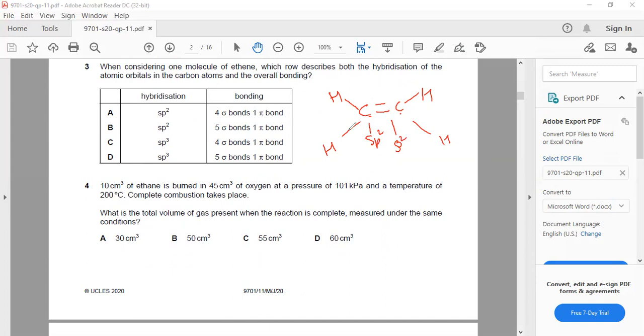If you add the sigma bonds 1, 2, 3, and there is no lone pair. Remember, there is a shortcut rule: sigma bond plus lone pair. If it is 3, it means sp2 hybridization. If it is 2, it's sp hybridization. If it is 4, then sp3. In A level, you have these three.